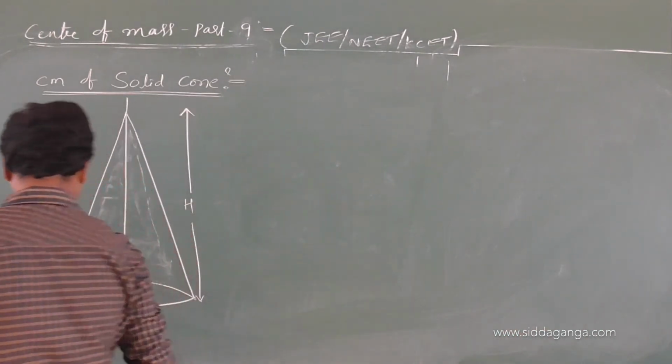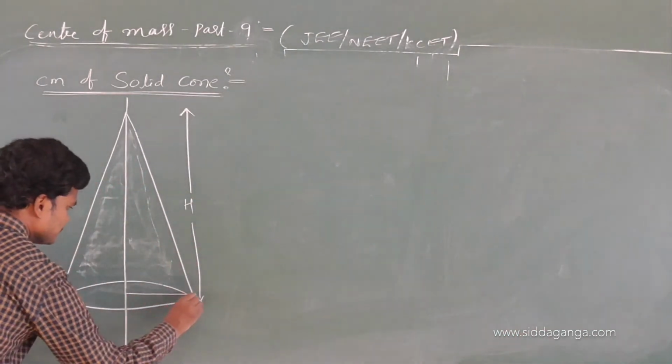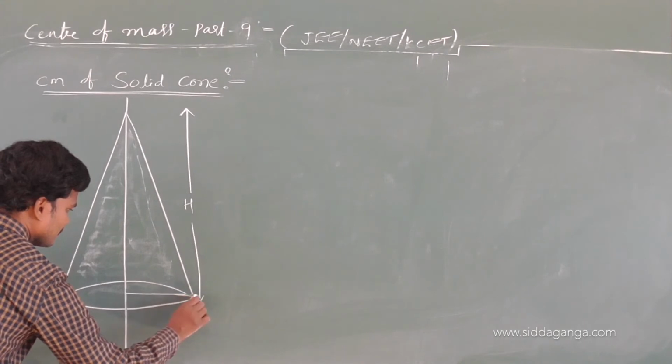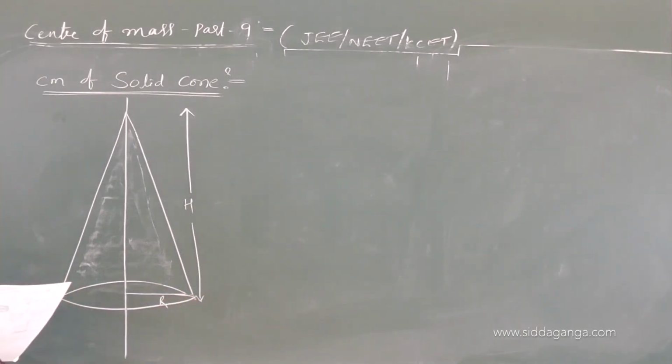Now I am going to find it from the bottom end. The radius is R. This is the solid cone.